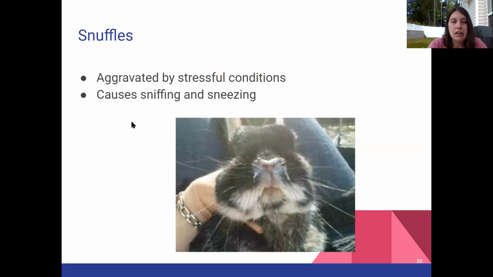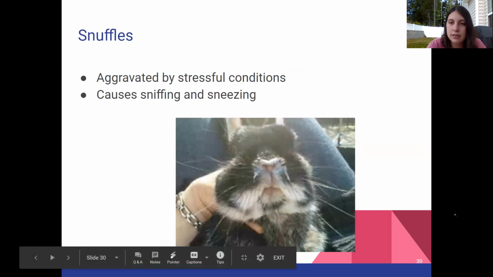Snuffles isn't a disease that's going to kill your rabbit. You do want to try to prevent it though, because it's typically brought on by stressful conditions. It's kind of like a cold, with sniffling and sneezing.